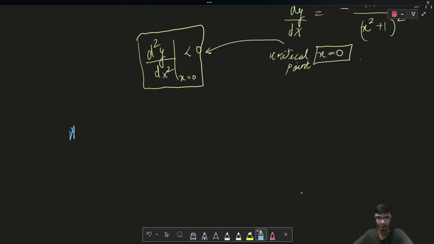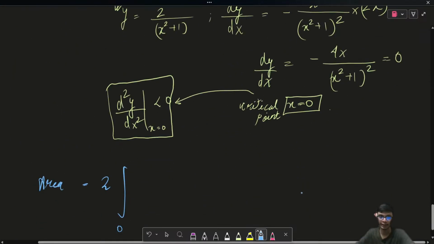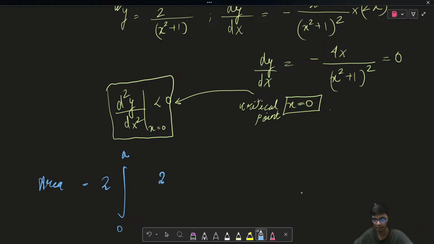So the area is going to be 2 times the integration from 0 to, now how much will I integrate? I will integrate till this point. Let us say this point is A. We will try to find out A as well. So integration 0 to A for the function. The upper function will be the top one, so it will come first, that is 2 upon 1 plus x squared minus x squared, and then dx.